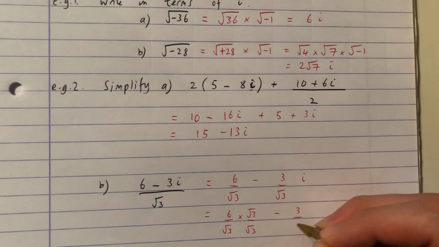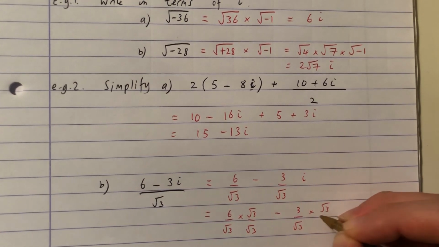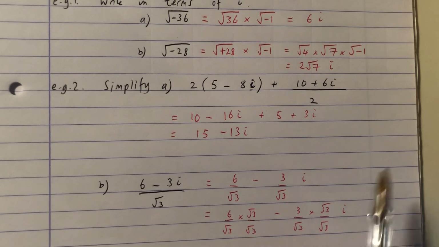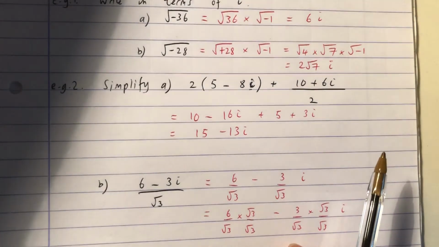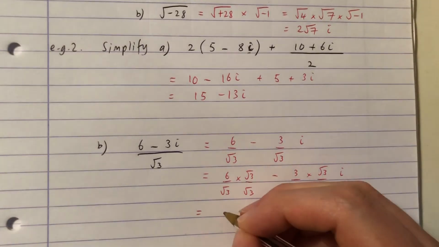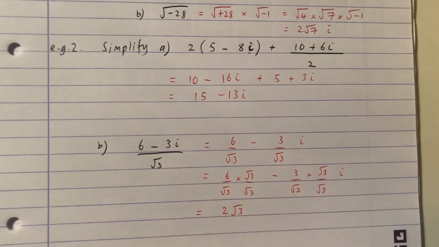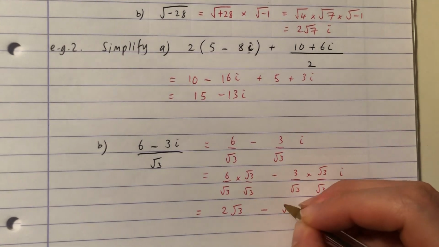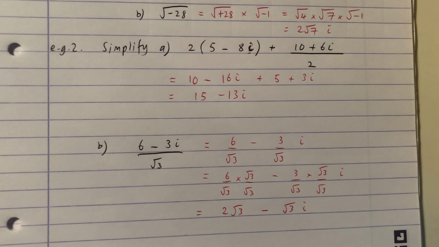And 3 over root 3, simplify that surd. Root 3 times root 3 is 3, and you can divide by 3 to get 2 root 3, minus root 3 times root 3 is 3, 3 divided by 3 is 1, so that's minus root 3i. And that would be that as a simplified complex number.